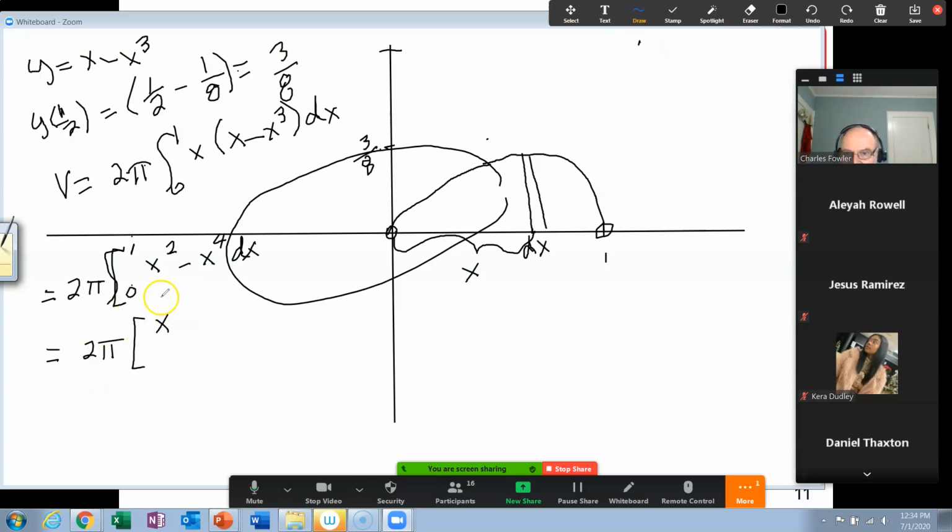Okay, x squared goes to x cubed over 3, minus the antiderivative of x to the fourth, x to the fifth over 5. And we evaluate that from 0 to 1. The calculus is the easy part, isn't it?